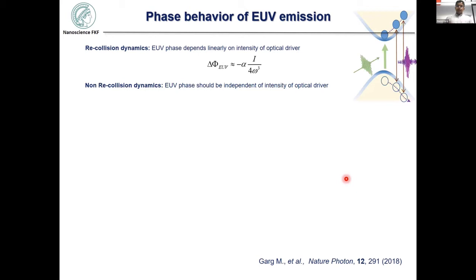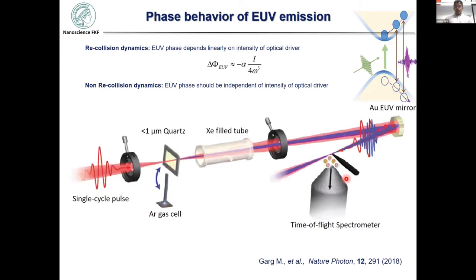In the case of non-recollisional dynamics, the EUV phase should be independent of the intensity of the optical driver. So we have performed the same kind of interferometry experiment. The only thing is that here we are able to replace the source which is emitting the EUV pulses in our experiment. So we can switch between quartz or fused silica and an argon gas cell.